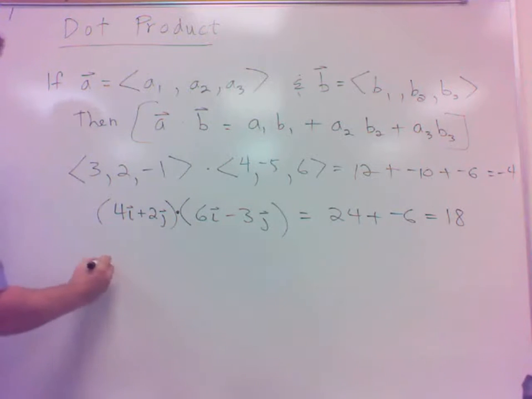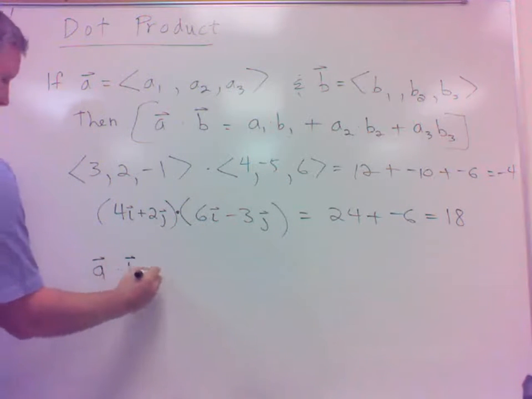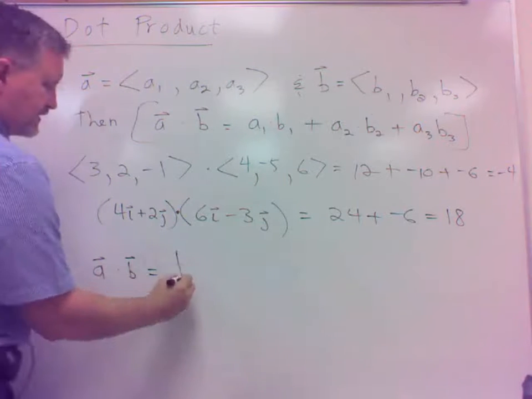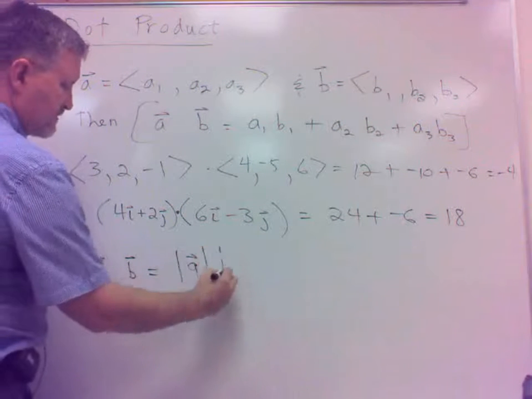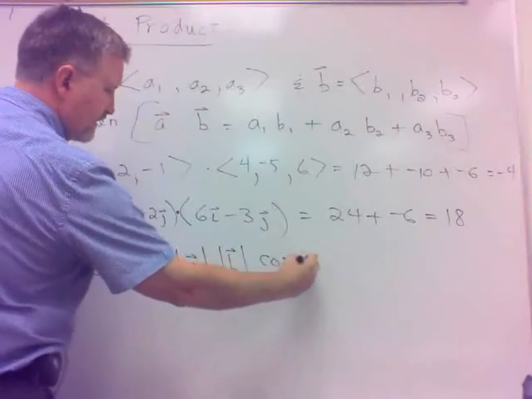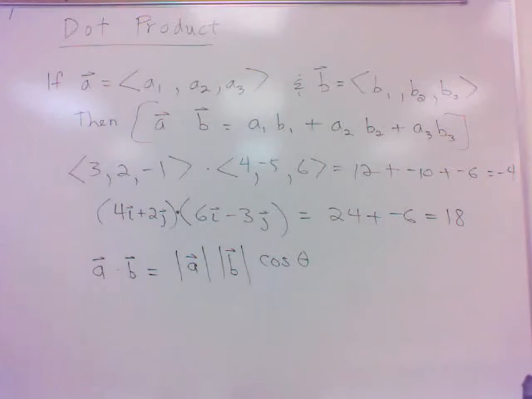Let me talk about that just a little bit. Turns out the dot product can also be thought of as the magnitude of A times the magnitude of B times the cosine of theta, where theta is the angle between the A and B vectors.